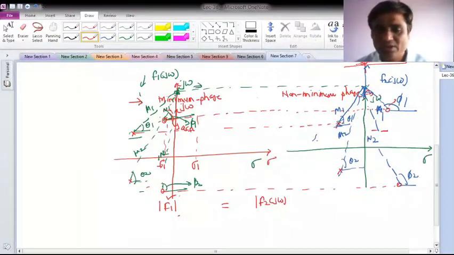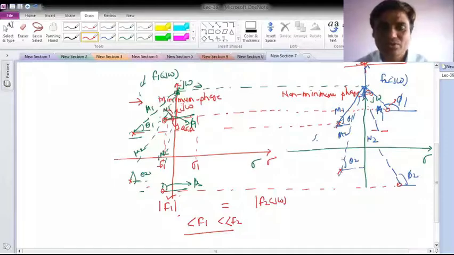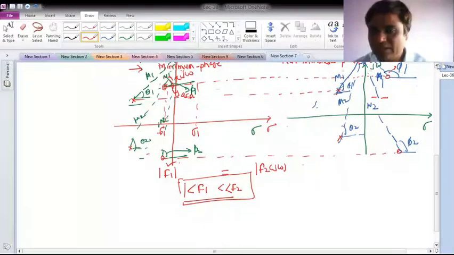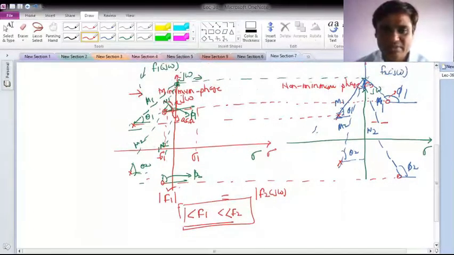Here they are obtuse angles. So the angle of f1 will be less than the angle of f2. So this is the effect: the magnitude remains the same, only the angle changes. That's why this is named the minimum phase network function and this is the non-minimum phase network function.